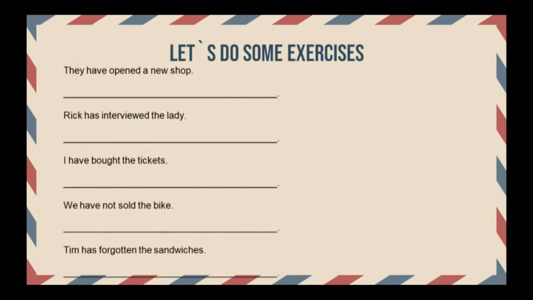They have opened a new shop. They is a subject, have opened is a verb in present perfect simple, and the new shop is an object. So a new shop has to be the subject in the passive sentence. So a new shop has been opened by them.